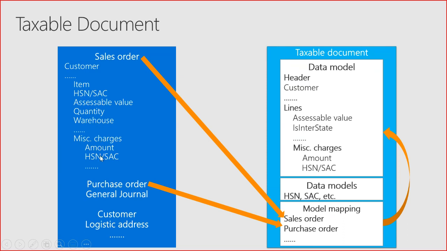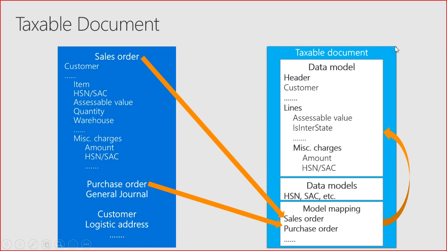So a lot of stuff, but here I only list the fields which are needed for tax applicability, for tax calculation, for tax posting. And of course, we have purchase order, which has similar fields as I listed in the sales order part, and also the general journal. So all these are taxable documents, source documents, right?